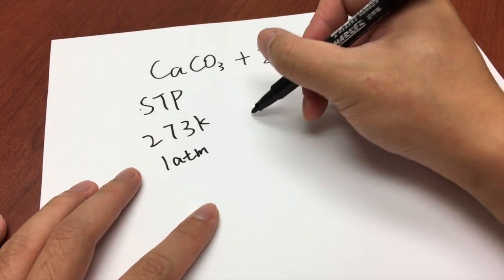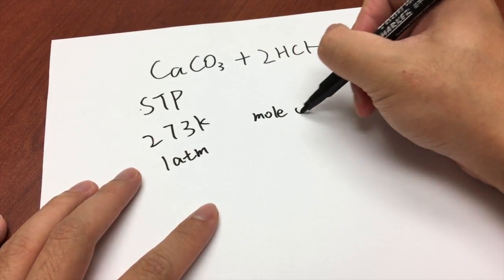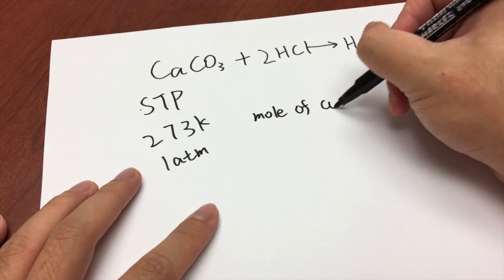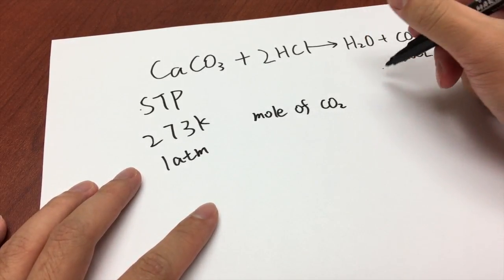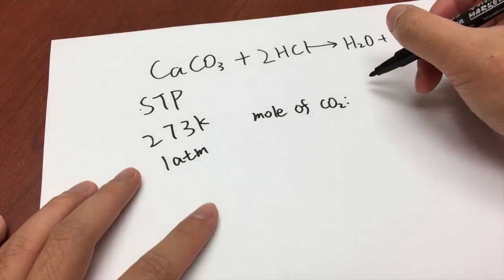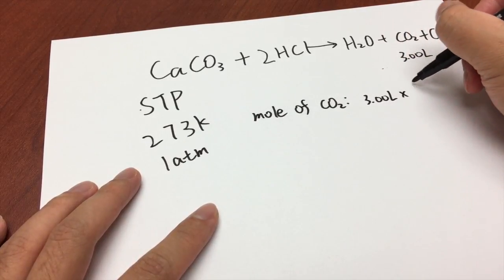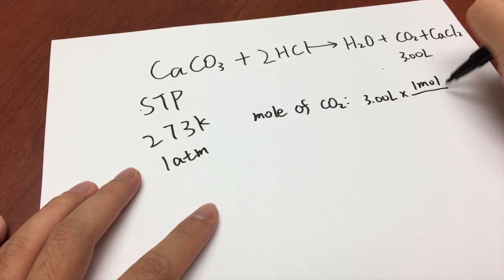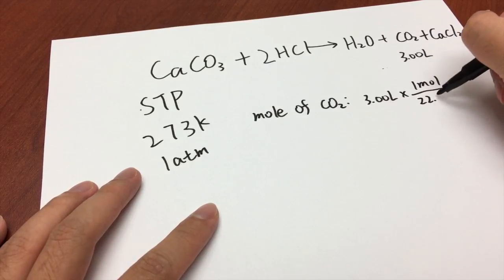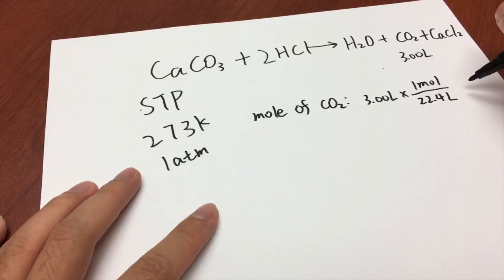And we know the volume of carbon dioxide is 3 liters, so we can get the moles of carbon dioxide. It's 3 liters times 1 mole over 22.4 liters, which is equal to 0.134 moles.